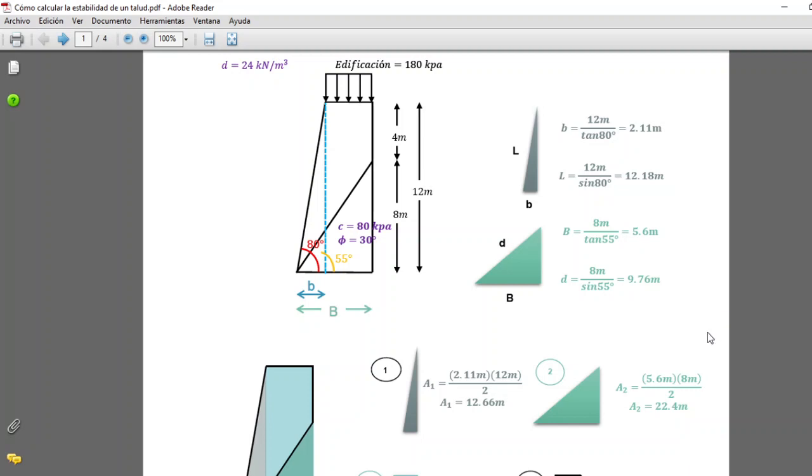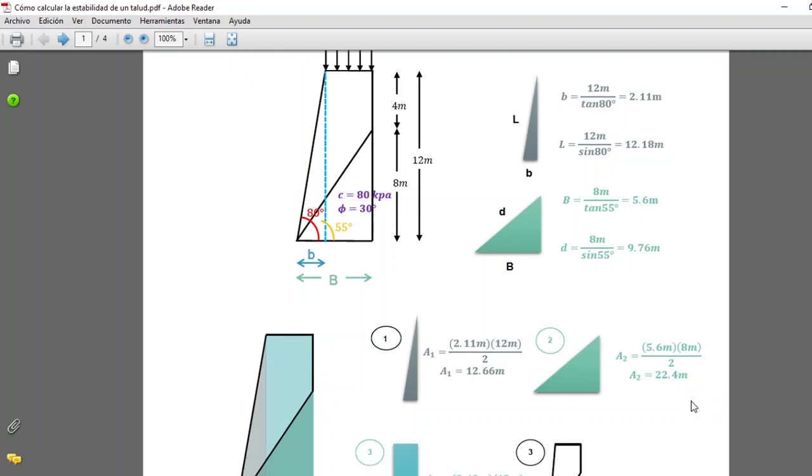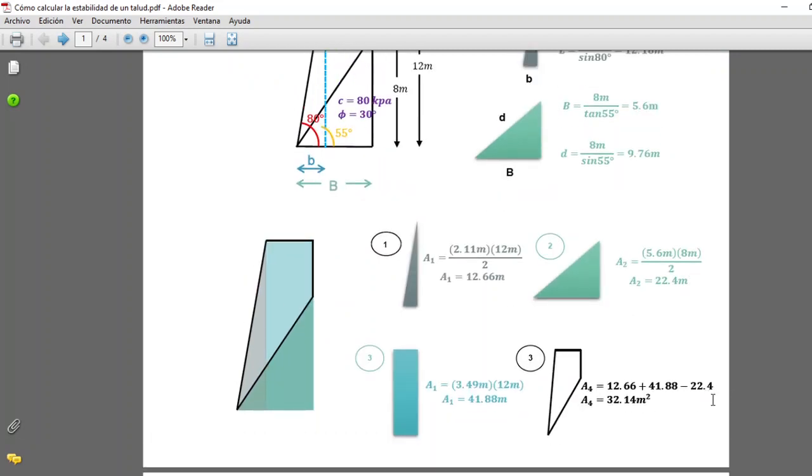In this case, 5.6 meters by 8 divided by 2, and we have 22.4 square meters.